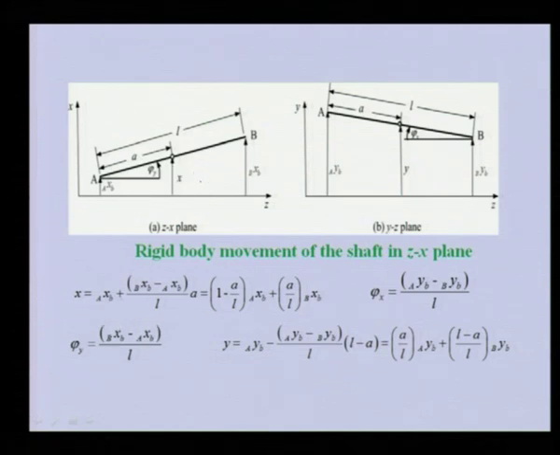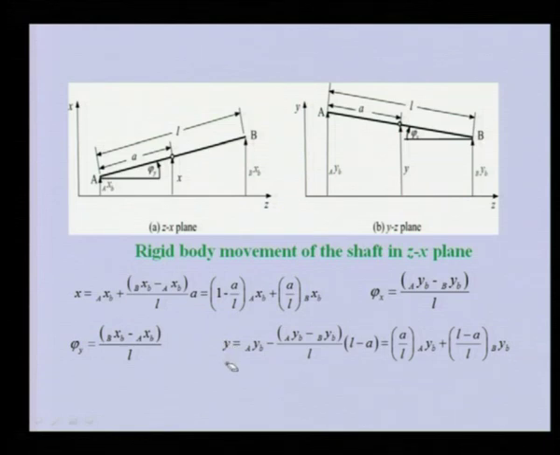On the same line in the other plane, that is the yz plane, we give the bearing displacement y b, at the A end of the bearing shaft and the B end of the shaft. So, these two displacements we are giving at the ends of the shaft. We are calculating the displacement y, the translatory displacement at the disc location, and also the tilting. So, these two we can see here.